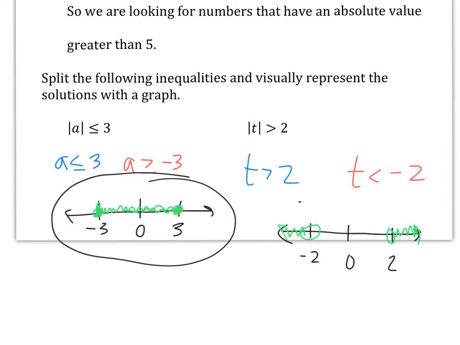So this would be my visual representation of a graph to absolute value of t is greater than 2. And if we were just to pinpoint what type of compound inequality this is, this would be an or statement. And that's again because there's a gap. Okay, let's move on.